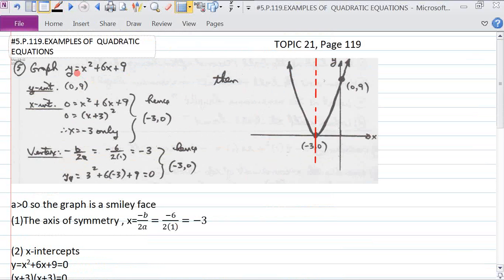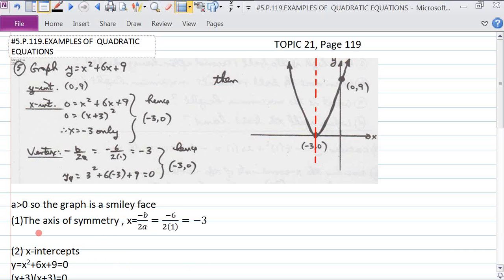In number 5 here we have y equals x squared plus 6x plus 9. In this particular case, again, a is greater than 0, so the graph is a smiley face right here. The coefficient is 1, which is greater than 0, so we know the graph has to be shaped like a smiley face.